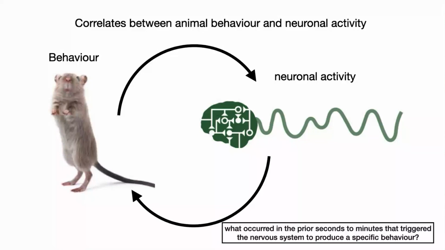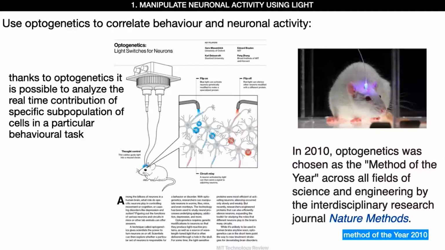I will start with the manipulation of neuronal activity, introducing optogenetics. Probably several of you have heard about this technique, but maybe not all of you. Optogenetics became the method of the year in 2010, published in Nature Methods, which is a very important journal.